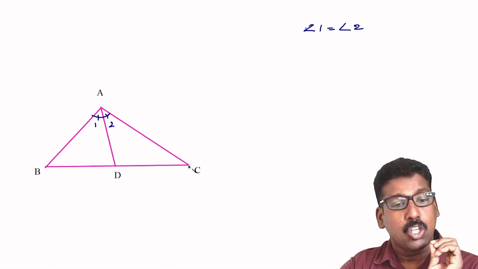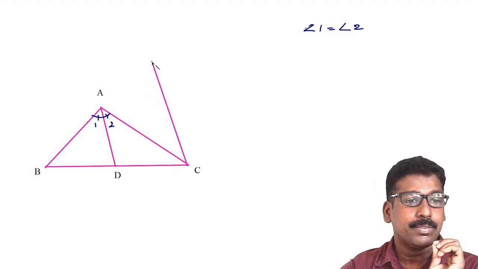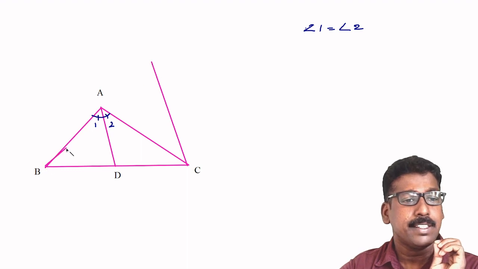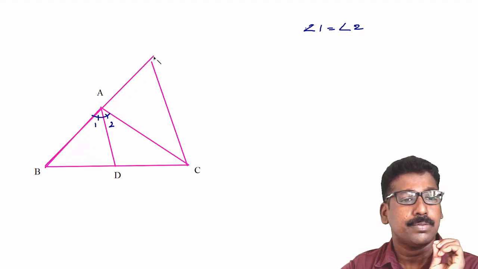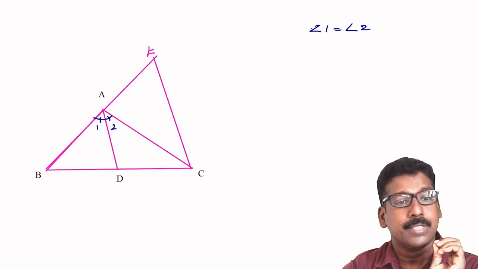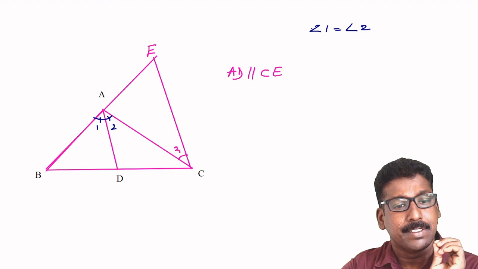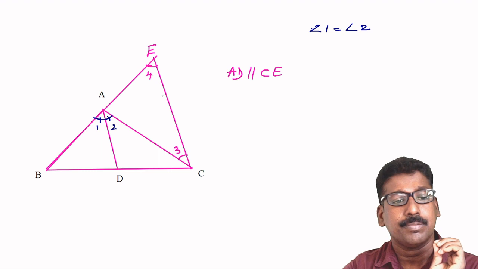Now, let me draw a line through C parallel to AD. Let it intersect BA produced at a point E. Now, since AD is parallel to CE, let me take angle ACE as angle 3 and angle AEC as angle 4.